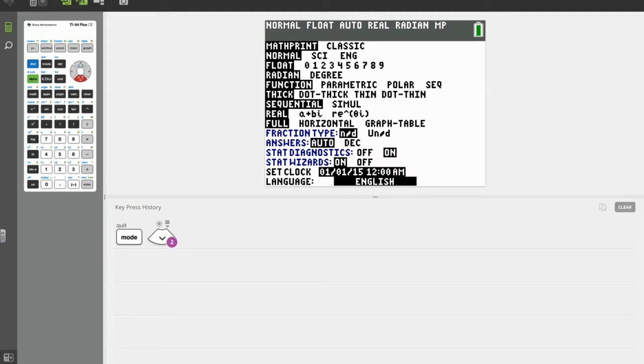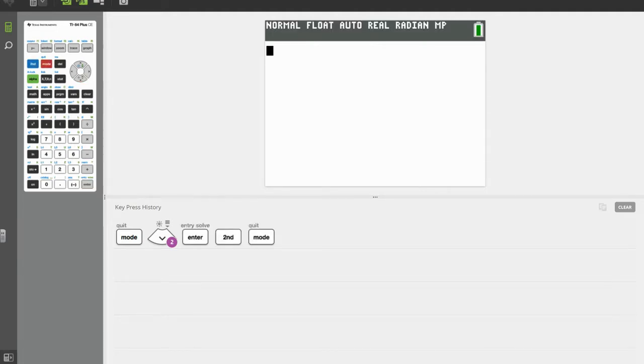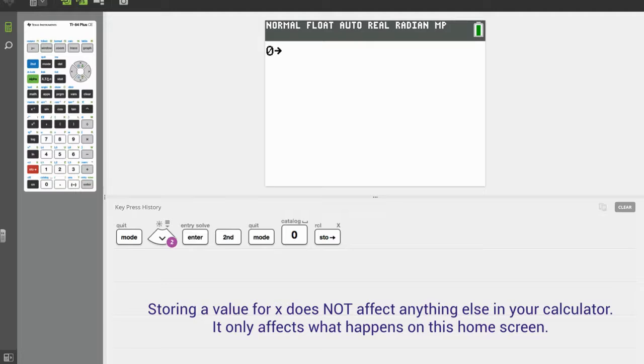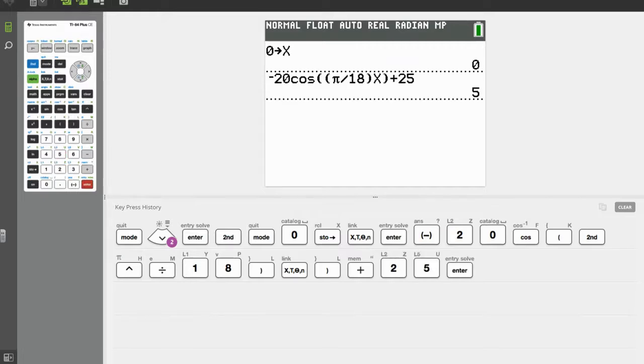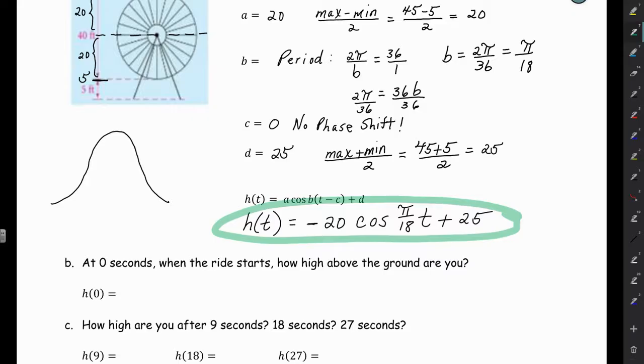You want to make sure that radians is highlighted, select enter, second mode to quit, and now you can type in your function. So I'm going to store the value of 0 into x. So I'm going to type 0, the store button, and x, and now I'll type out my function. And I get a value of 5.